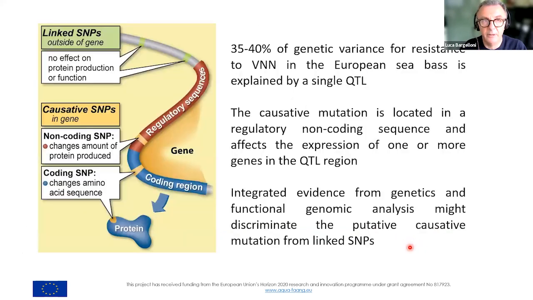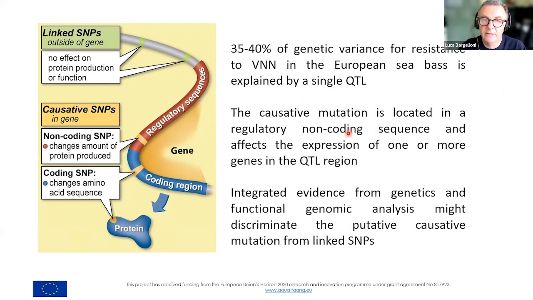So to sum up, we think that this is a nice example of how, by integrating different information, we can find the regulatory regions and possibly pinpoint the non-coding causative SNPs, which are very difficult, very elusive to identify. So 35 to 40% of genetic variance, as I said, is in a single QTL.